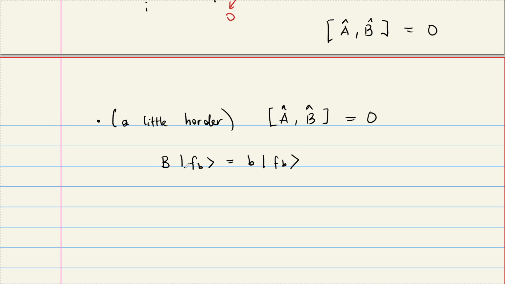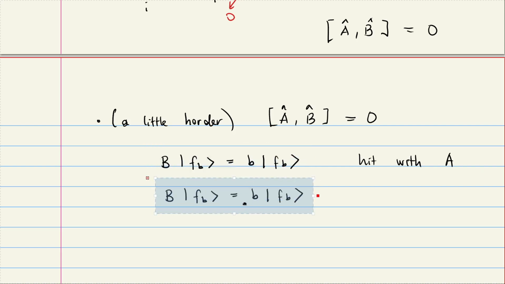But now I want to see if this f is also a good basis for A. So what I want to do is hit it with A from the left. I take the same thing and I put A here.